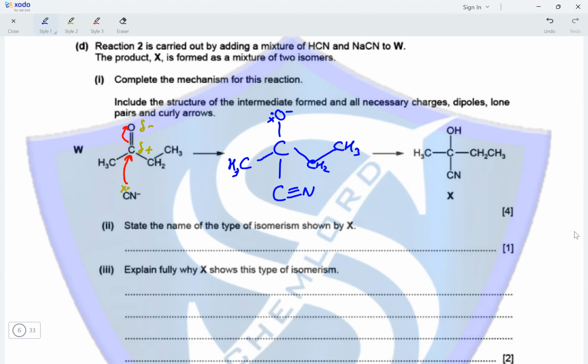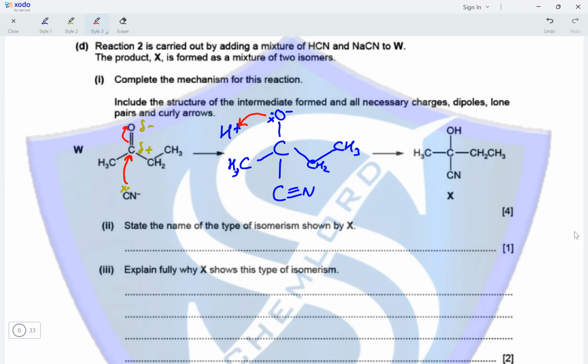And now in the same reaction, we have H positive ions present. The lone pair of electrons on the oxygen atom will be attracted towards the H positive ion, and the H positive ion will be added onto the oxygen atom, converting the O negative ion into an OH group. And with this, we have formation of the cyanohydrin, which is compound X.